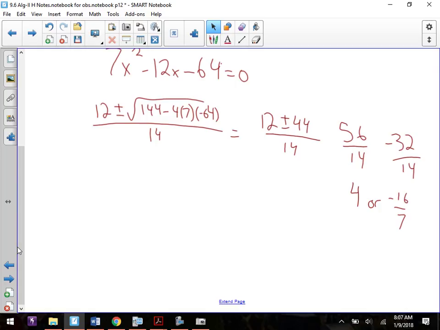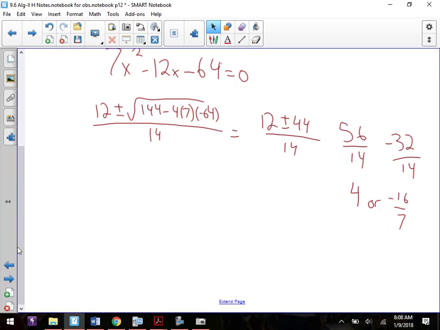I did negative 64 times 7, right? And that's 448. What times what is 448 that adds together to get 12? Well, I would still wind up having to use my calculator. 14 and 32, 16 and 28.